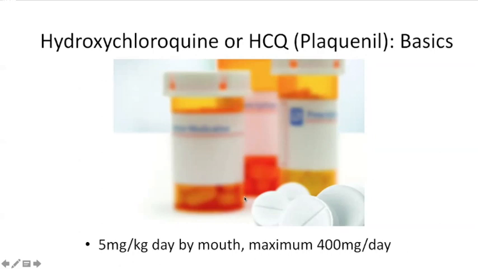This was initially developed as an anti-malarial medication, and its exact mechanism of action, or how it works in juvenile myositis, is not really well established, but it is generally thought to decrease inflammation and immune cell function.